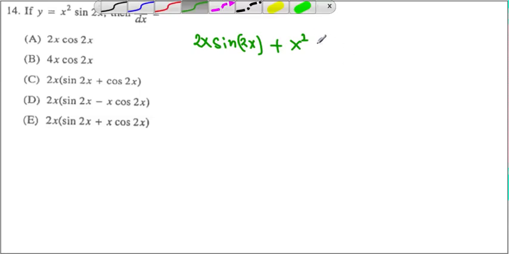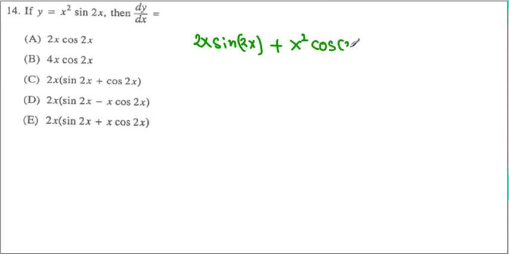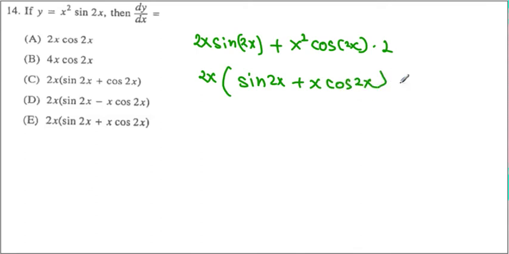So we have cosine of 2x. By the chain rule, we gotta multiply by 2 once again. So here we have 2x seems to be common, so if you have to factor out 2x, then we will have sine of 2x plus x cosine of 2x. So therefore our answer will be choice E.